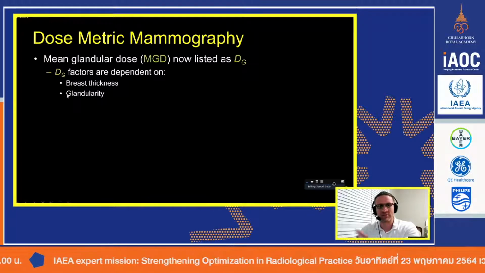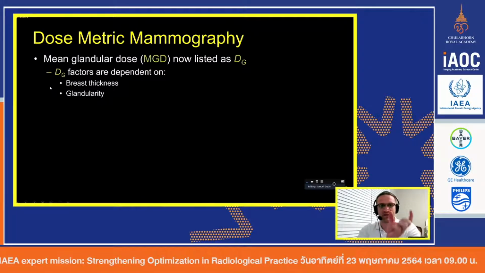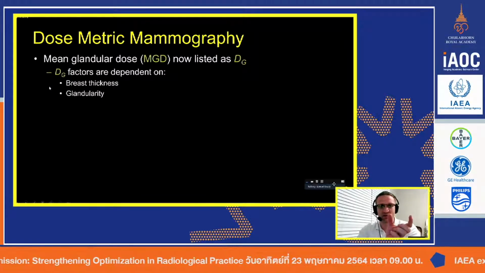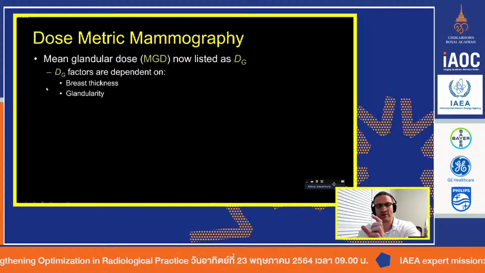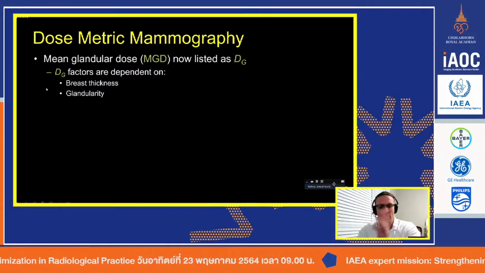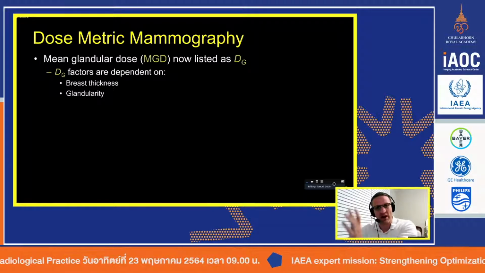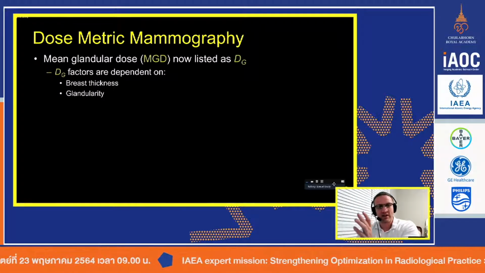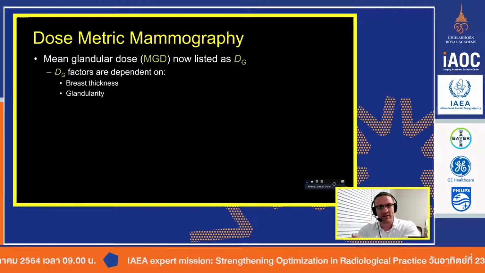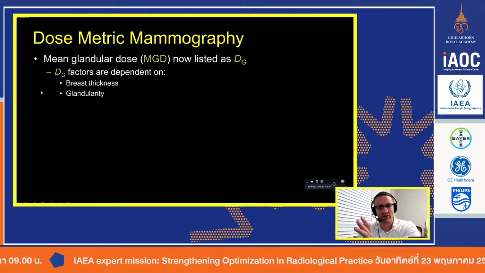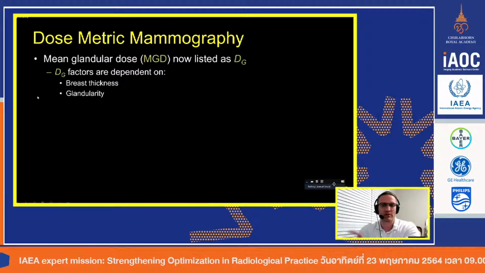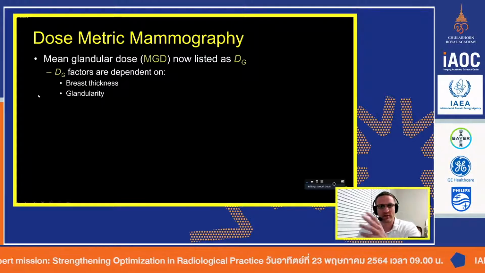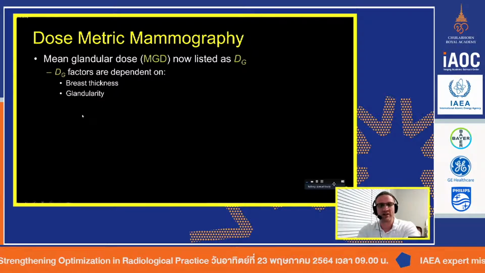We often talk about the standard model being 50% glandular tissue, 50% adipose or fat tissue. Obviously, we're going to talk later in this lecture about how that 50-50 standard for breast glandularity is kind of mythical.